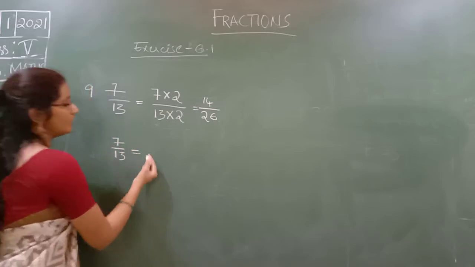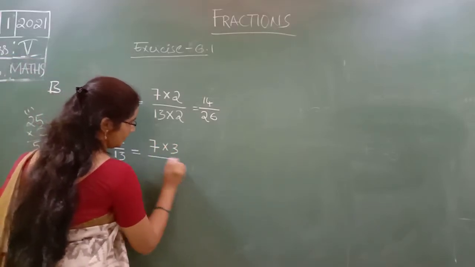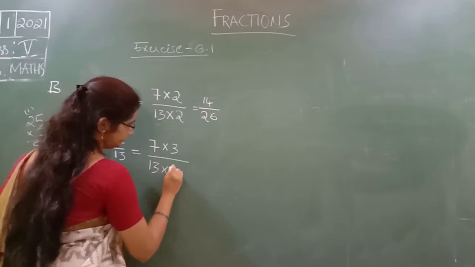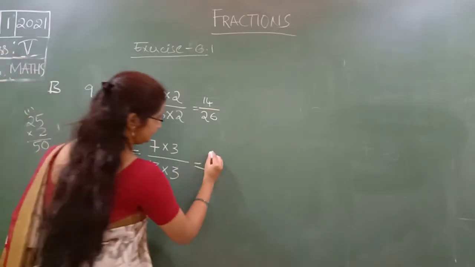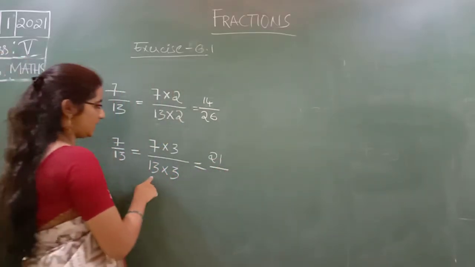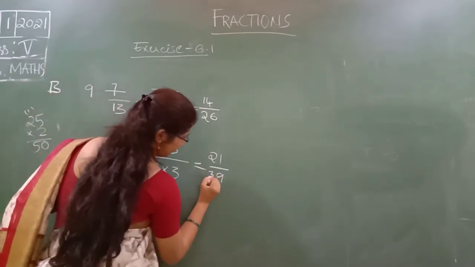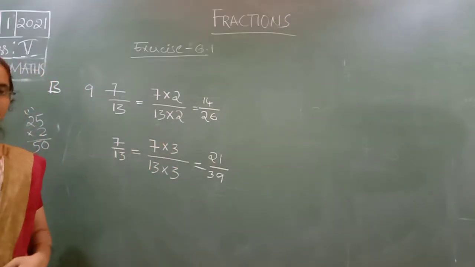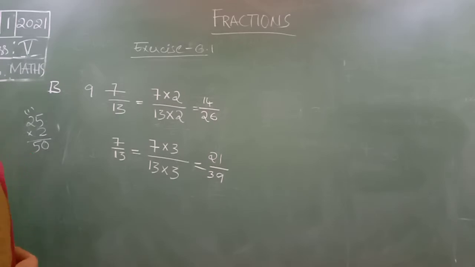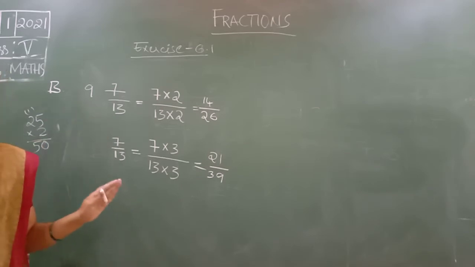Now we will multiply with 3. 7 into 3 by 13 into 3. 3 7s are 21. 3 3s are 9. 3 1s are 3. 39. 14 by 26 and 21 by 39 are equivalent fractions of 7 by 13. We won't get lower terms here, because 7 and 13 don't have any common factor.